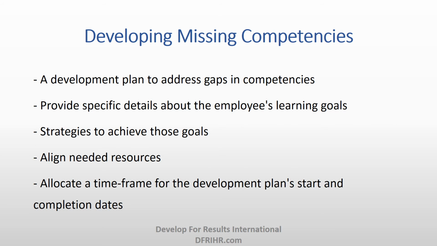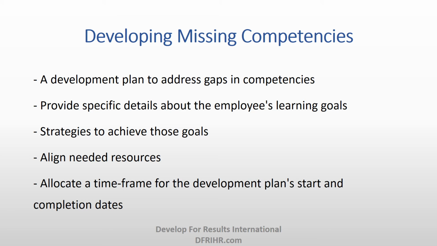Now that we've identified the missing links, the fourth step in the process of assessing employee competency is to create a development plan to address those gaps in the portfolios of competencies.